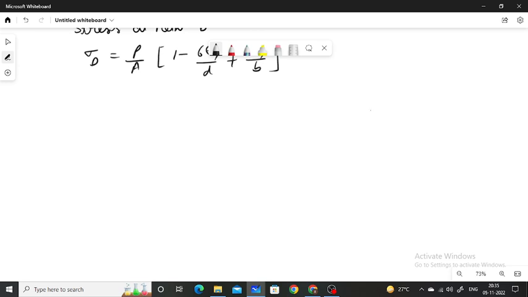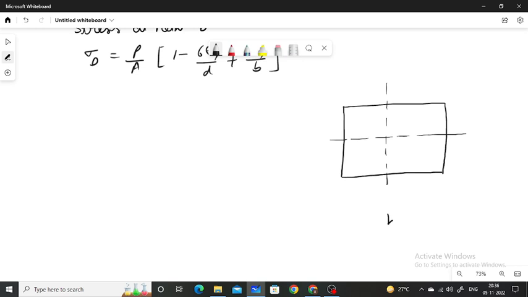Let eccentricity is given from the y-axis, Ex.